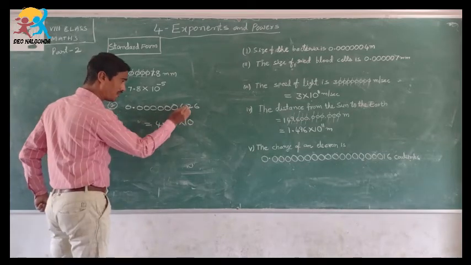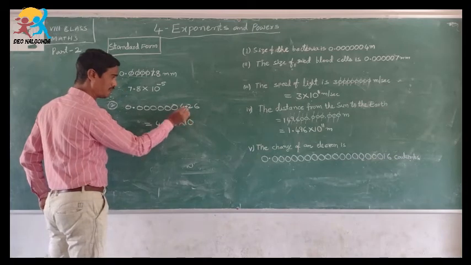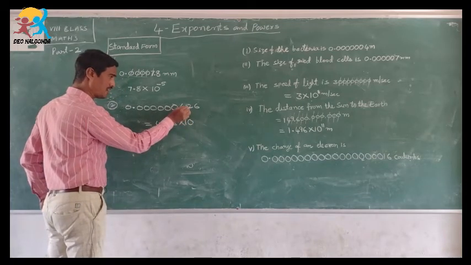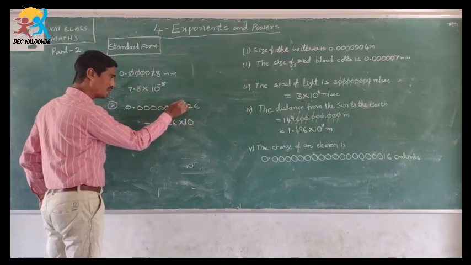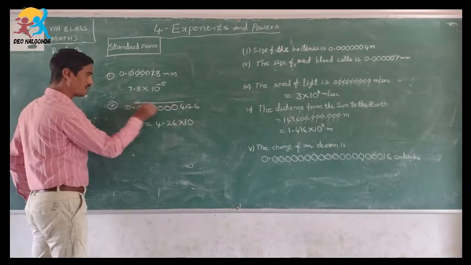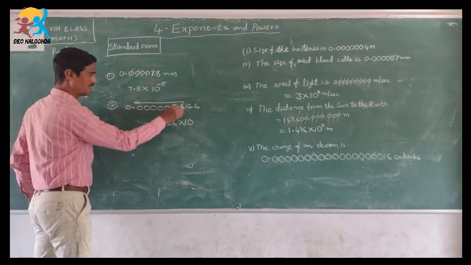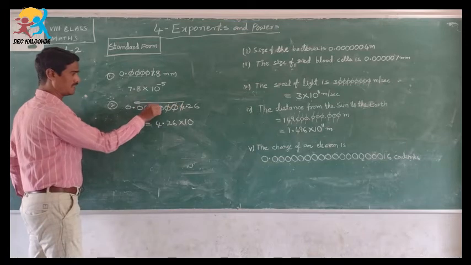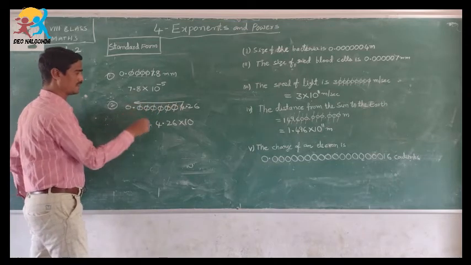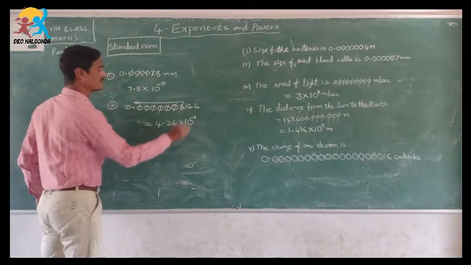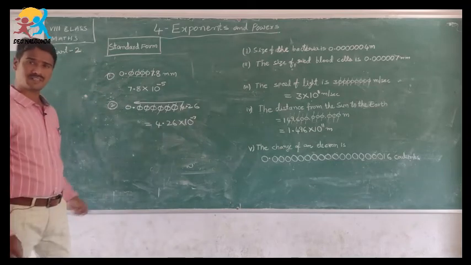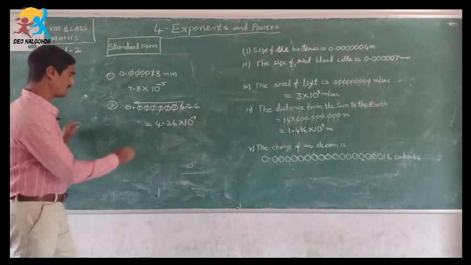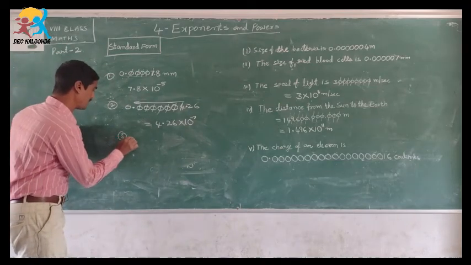You have to count from where we kept the point, from here to the decimal place: 1, 2, 3, 4, 5, 6, 7. So 10 to the power of minus 7. Very easy, no? Suppose one more problem.